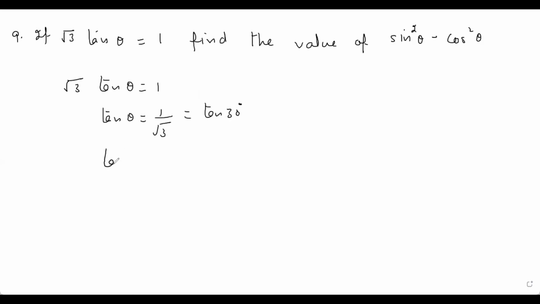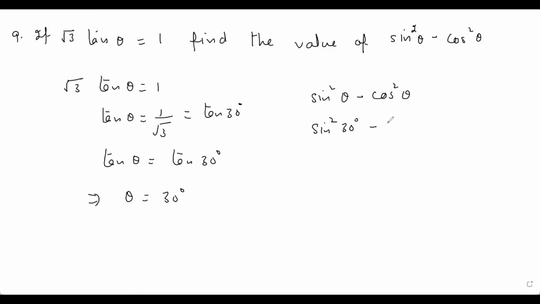Now it means tan theta is equal to tan 30 degree. So it implies theta is equal to 30 degree. I am to find the value of sine square theta minus cos square theta. Substitute the value of theta. So I'll have sine square 30 degree minus cos square 30 degree.